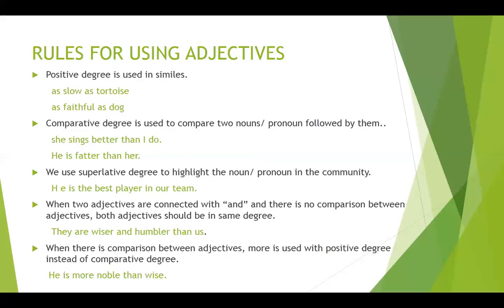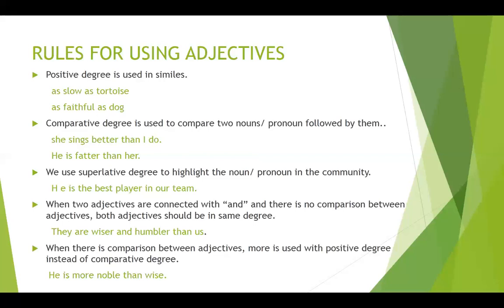Rule number 4. When two adjectives are compared, when two adjectives are connected with "and" and there is no comparison between the adjectives, the comparison is between nouns and pronouns, then we use the comparative degree and the same degree is used.